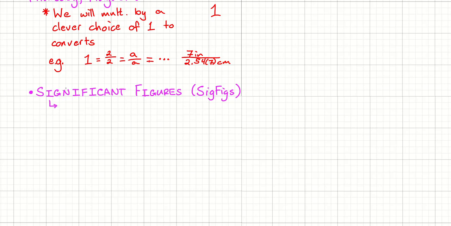So we will define significant figures as the valid measurement based on instruments or data provided. The best, and I'm going to sneak that in there, the best measurement based on the device or given information.